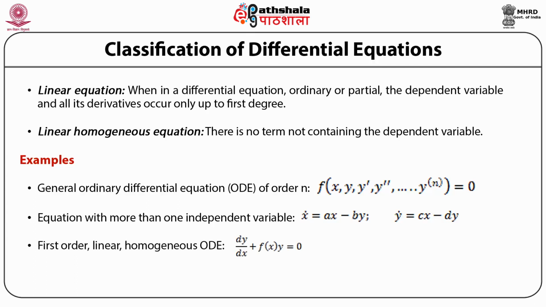Third, the differential equation dy/dx + f(x) y = 0. This is a first order linear homogeneous ordinary differential equation. While if dy/dx + f(x) y = g(x), this is a first order linear inhomogeneous ordinary differential equation.